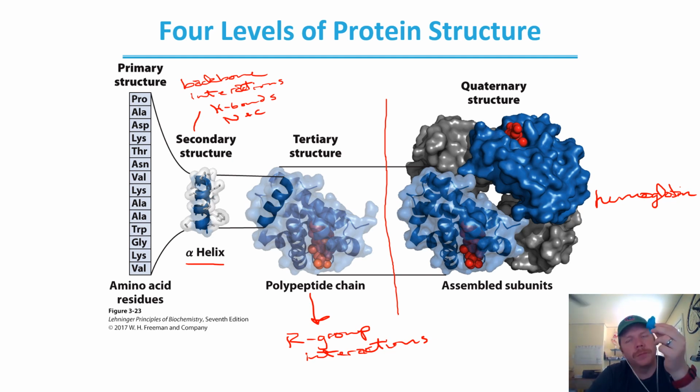Tertiary structure is R groups all on the same polypeptide chain. This is in its 3D shape, and this too is in its 3D shape. The difference is how many polypeptides are here. Tertiary structure is just 1 polypeptide. Quaternary structure is 2 or more polypeptides.